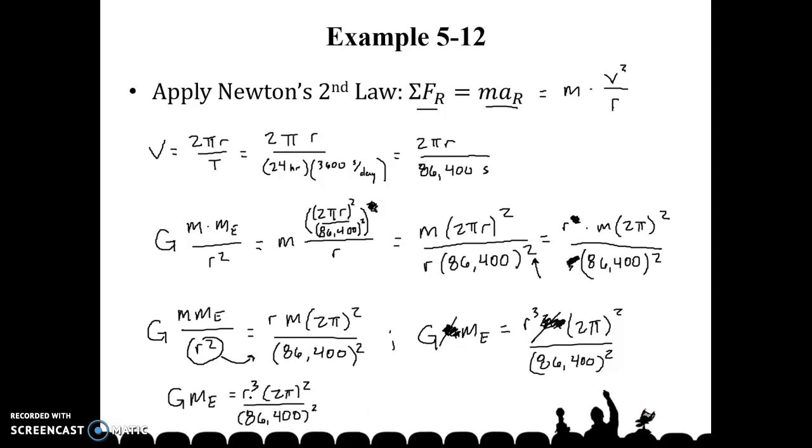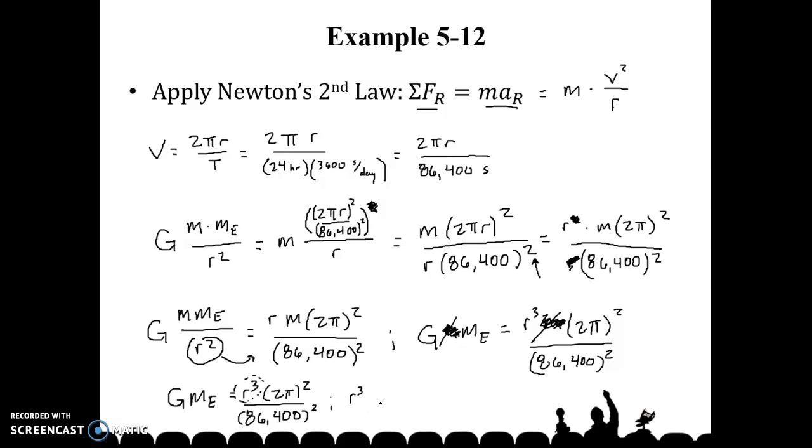Okay, so now that we've got all of the r's on the same side of the equation, isolated in the r cubed, we can move everything else over to the other side, because r is ultimately what we're trying to solve for, the height above the Earth.